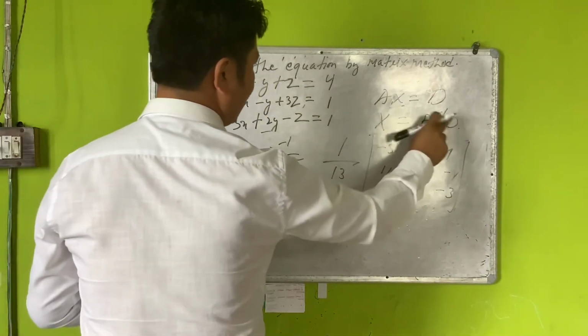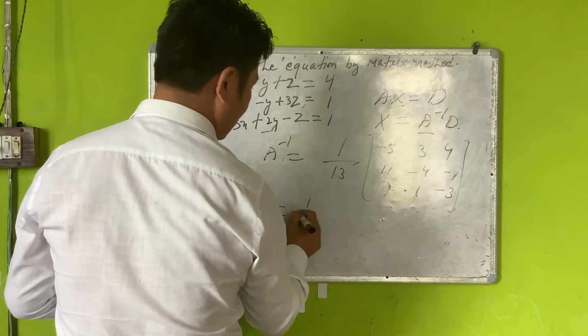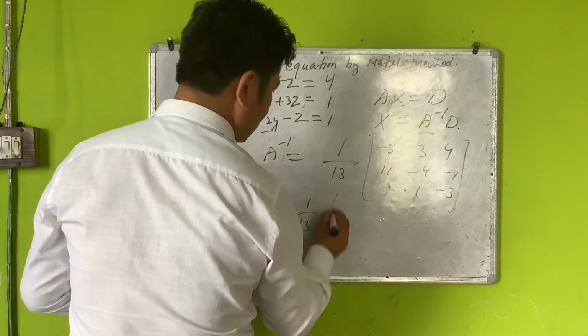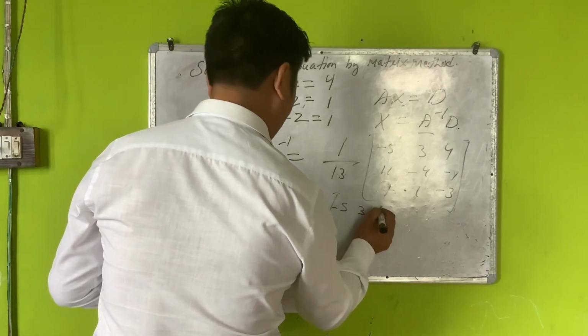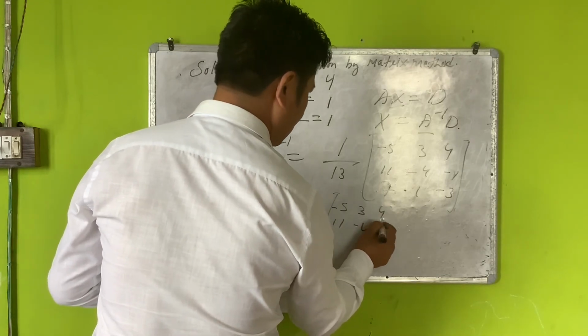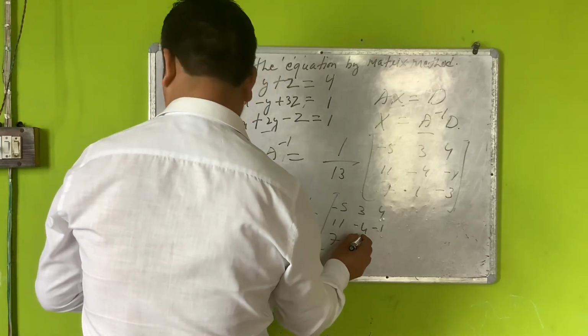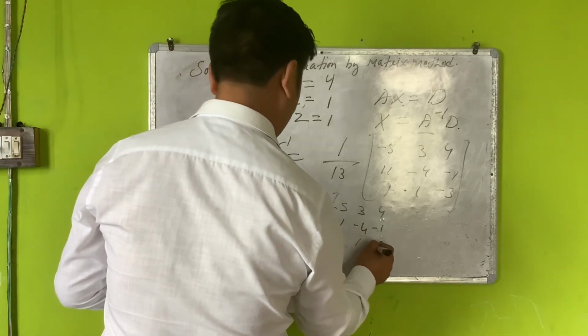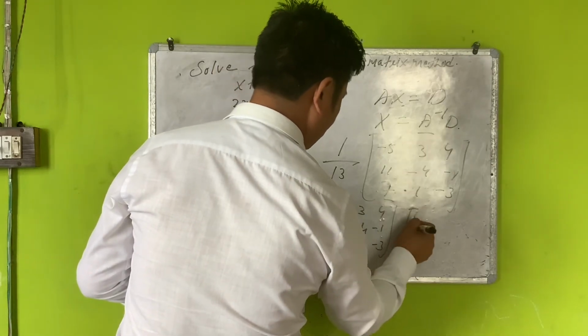Now you can easily find X. X is equal to A inverse, which is 1 by 13 into minus 5, 3, 4, 11, minus 4, minus 1, 7, 1, minus 3, into your D, which is 4, 1, 1.